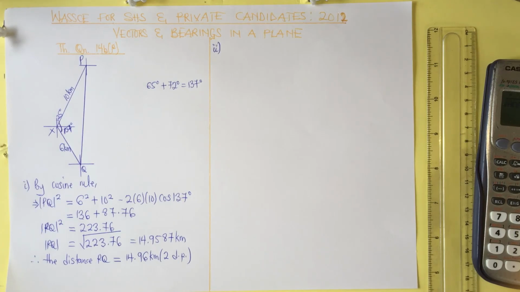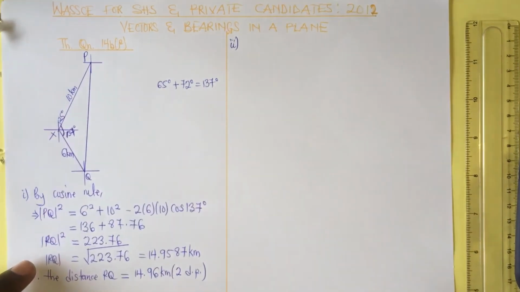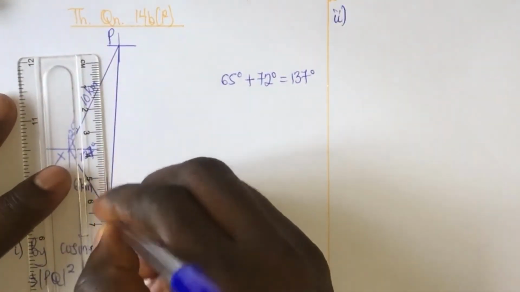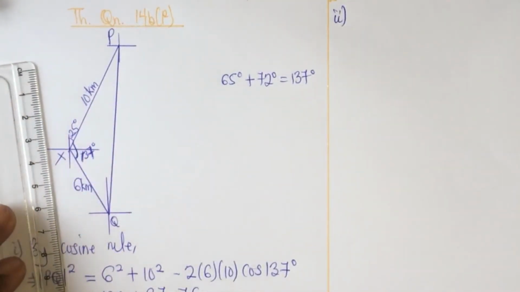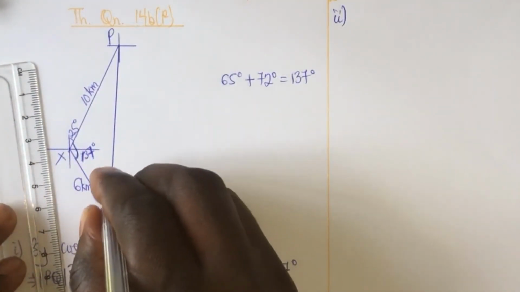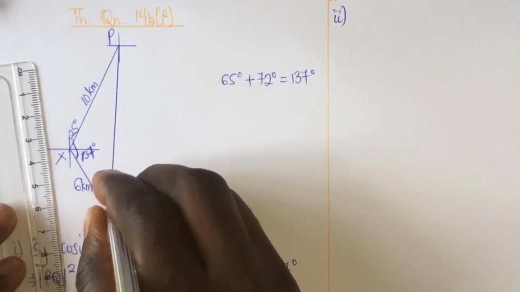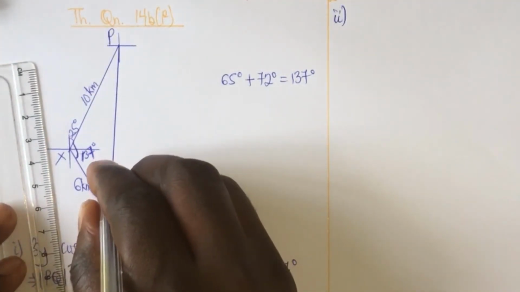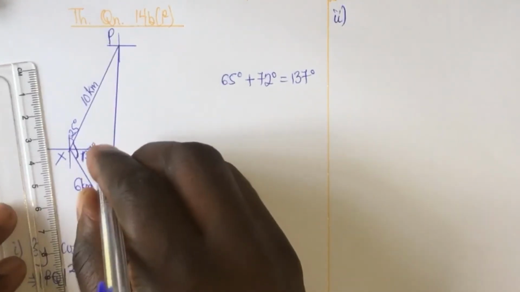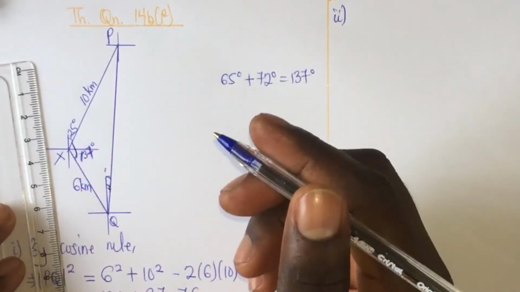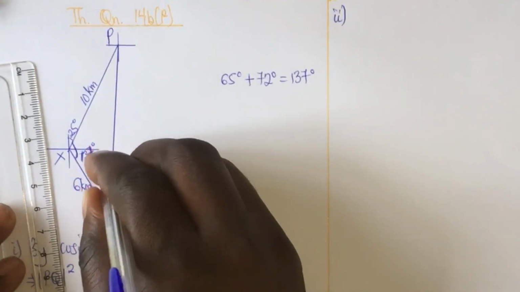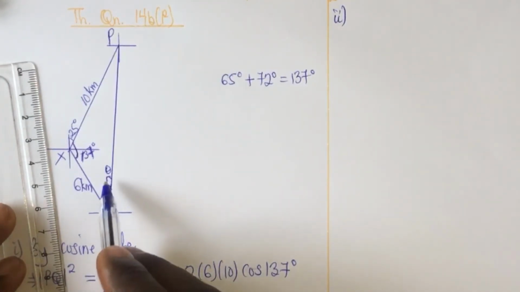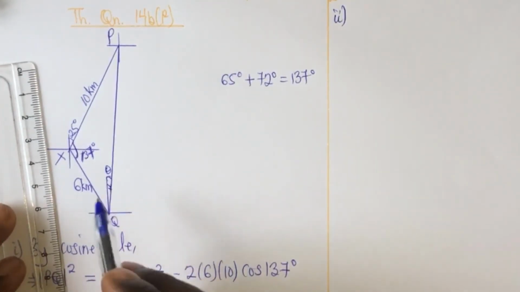So for II, we are to find the bearing of P from Q. Let me upgrade this one a little bit. So the bearing of P from Q is this distance. That's what we are to find. So let that small angle there be theta. Now let's see whether we know this angle over here.